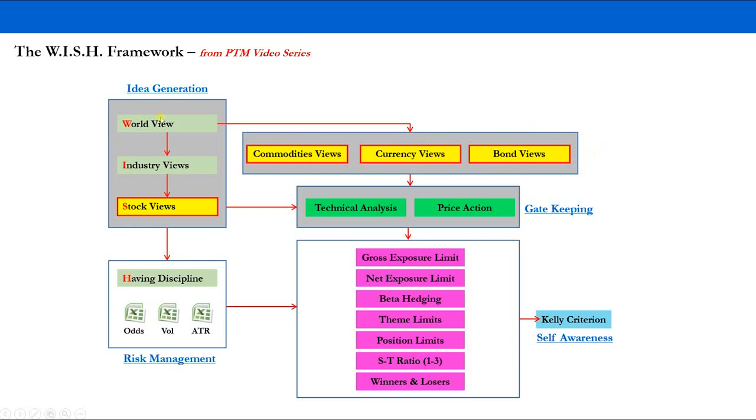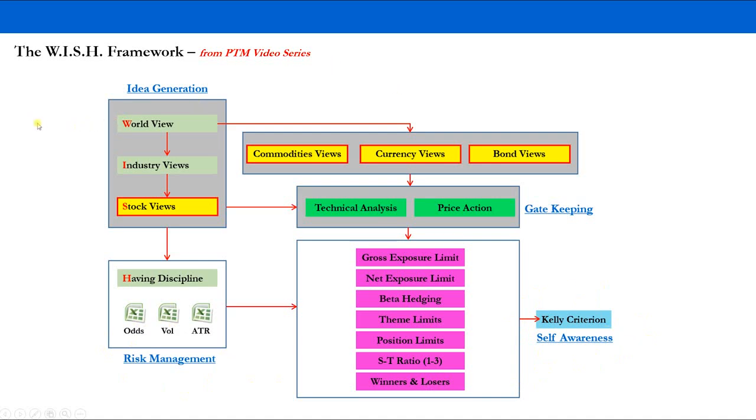And then we went one step further in the PTM video series and went into the stock market and drilled down. Now, what we're doing here is actually combining a top-down macroeconomic analysis with a bottom-up microeconomic analysis. And then we're overlaying this with a gatekeeping process, risk management tools, and self-awareness statistics.